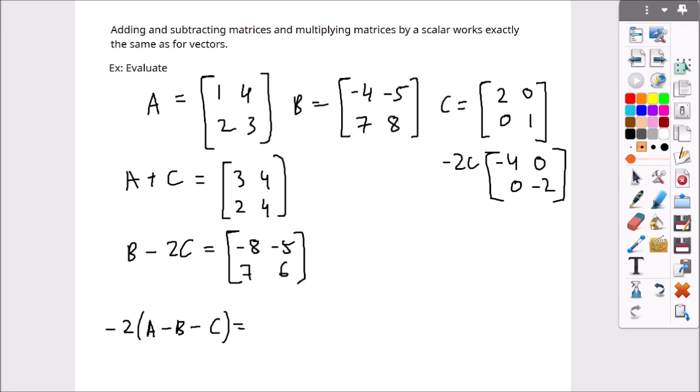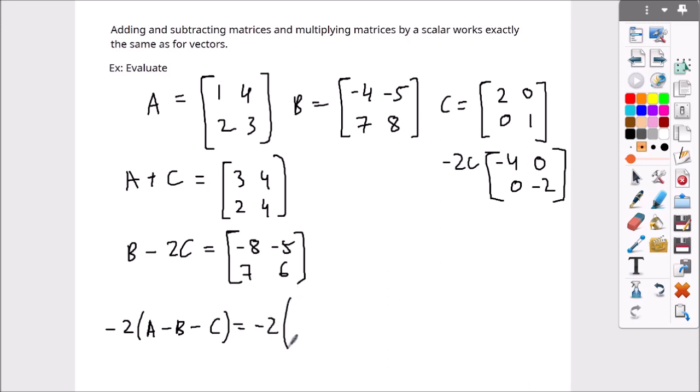And then minus 2 times a minus b minus c. What does that mean? So a minus b minus c is you take the negative of b, which is basically you flip the signs of b. Negative 4, negative 5, 7, and 8. If you flip the signs, you will get... I'm actually going to show all my work now.